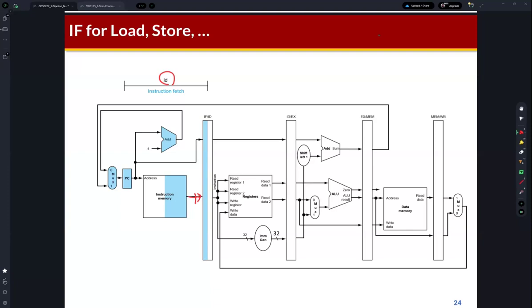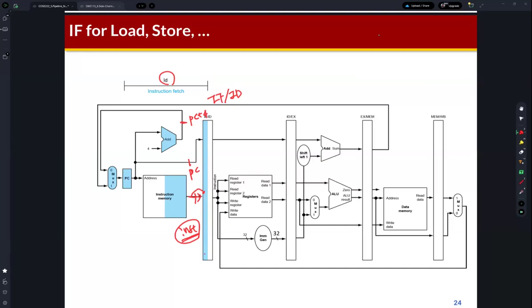So this is the instruction, this is the PC, and this is the PC plus 4, right? And then in the pipeline architecture design, you can observe that the instruction is given to the instruction fetch and ID pipeline register.